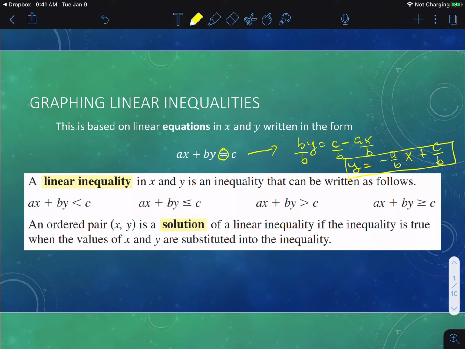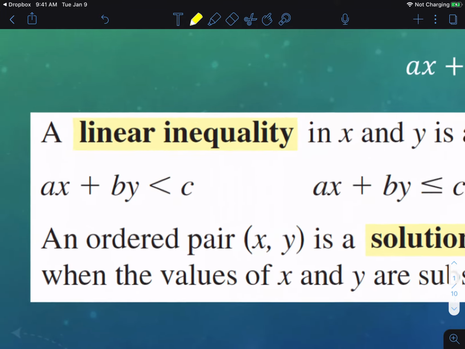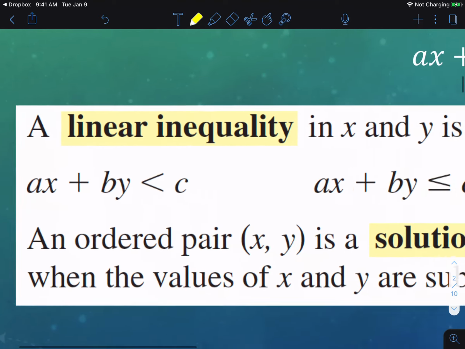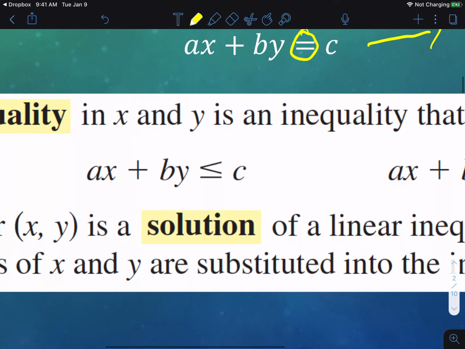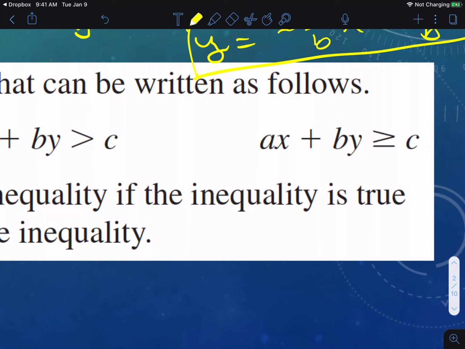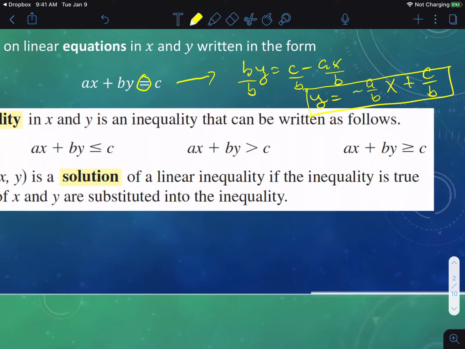In the first case, ax plus by is less than c. The next one is ax plus by is less than or equal to c, and ax plus by is greater than c, and finally ax plus by is greater than or equal to c.